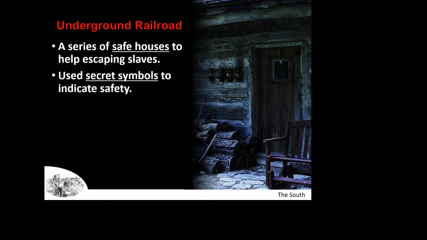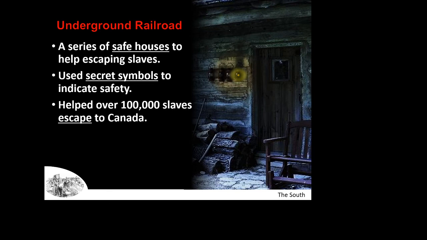But if you know these secret symbols, like certain lights being on in a house, you know that it's a safe house that will welcome slaves and hide you. So the Underground Railroad was responsible for helping over 100,000 slaves escape to Canada.